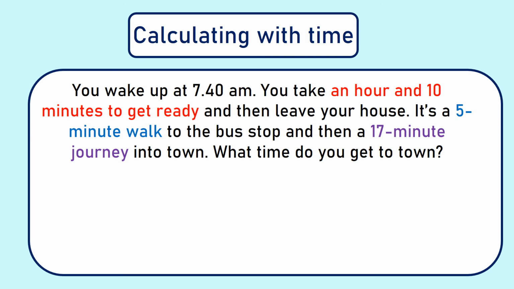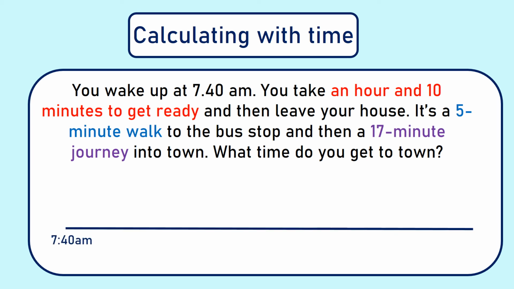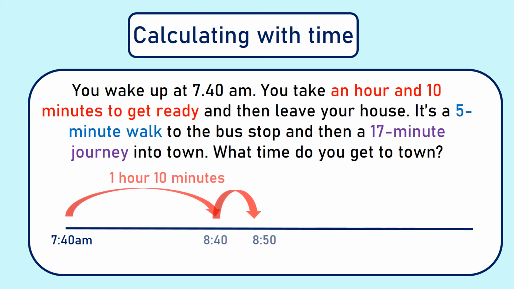So it's pretty wordy. I've kind of highlighted the important numbers, but what's quite useful to do is draw it out on a timeline. So we start at 7:40 a.m. We take an hour and 10 minutes to get ready. So an hour from 7:40 is 8:40, plus an extra 10 minutes takes us to 8:50.